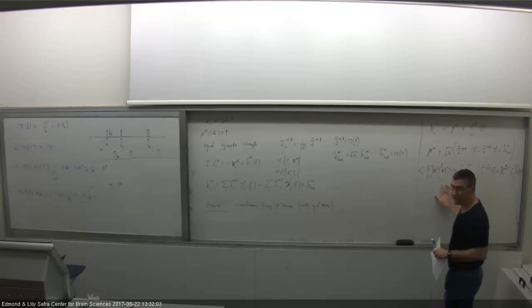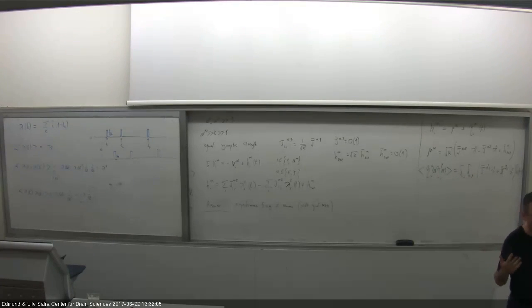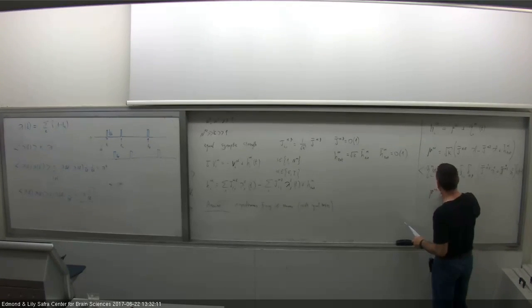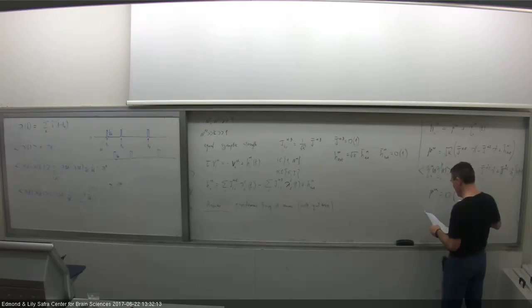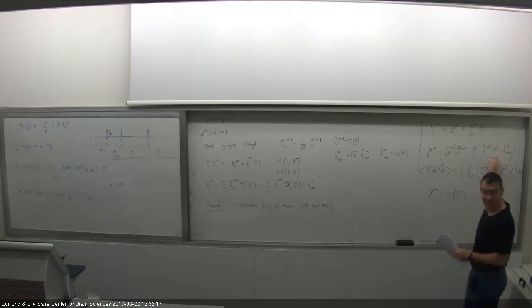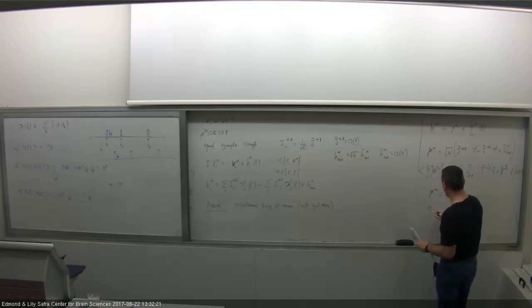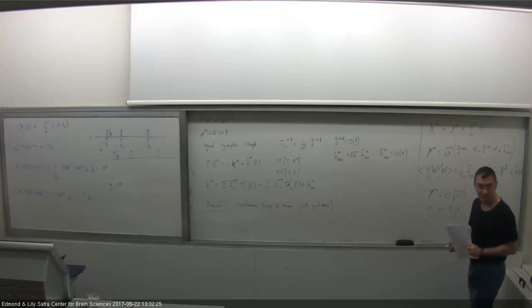Okay, so note that we are in approximately the same place as before. So mu alpha, the average input, is order square root of k, if we just naively take the numbers. And the temporal fluctuations are order 1.